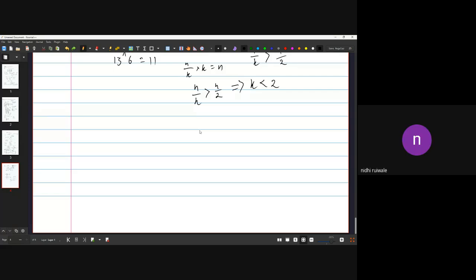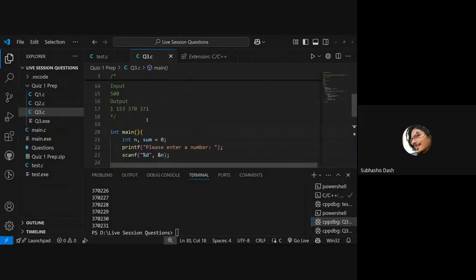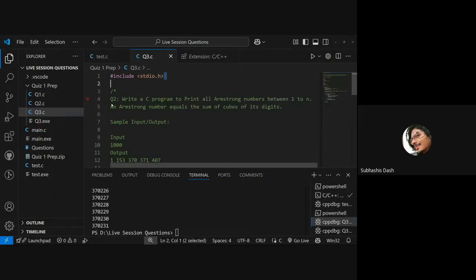I wanted to ask why do we add hashtag in the header file, like hashtag include stdio. Okay, you're asking about this one, this one.